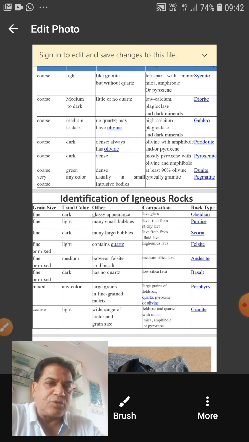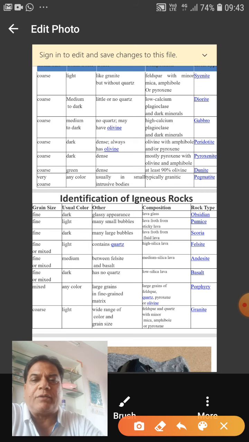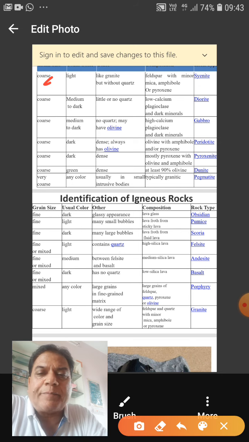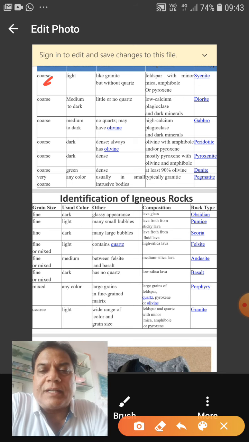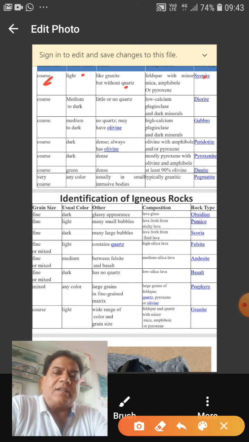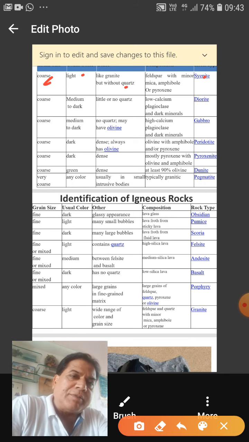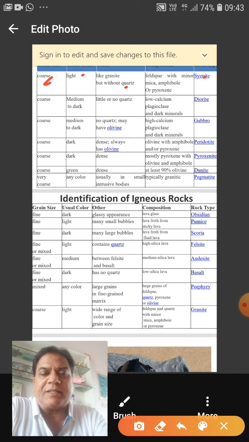Now today, from the table you can make out that the first column is about the color, then the texture, then the mineral composition and the rock names. Because there is a systematic approach in identification, you can go sometimes by the rejection method, sometimes by the selection method.